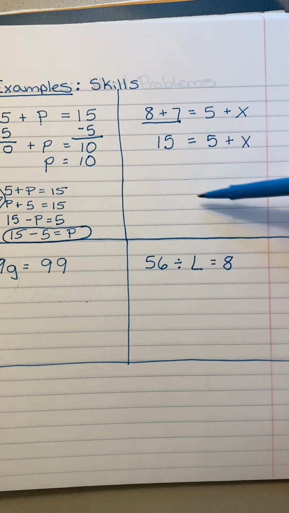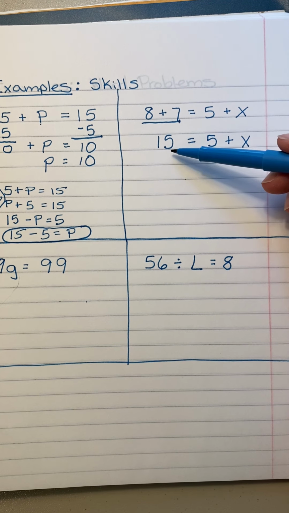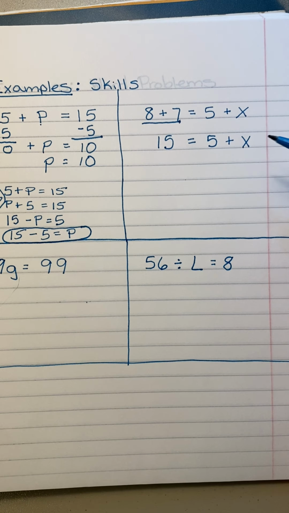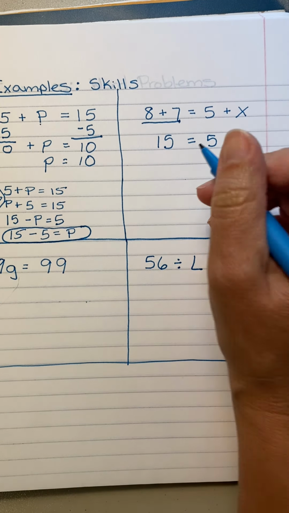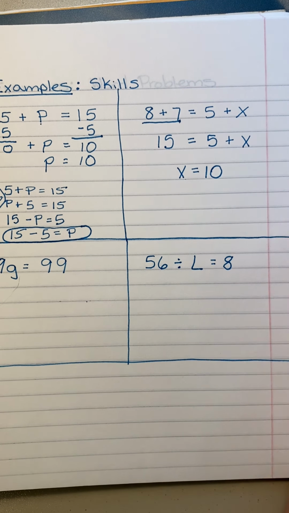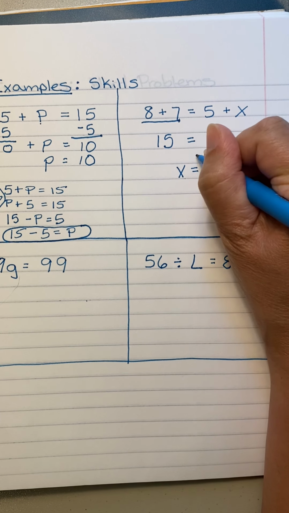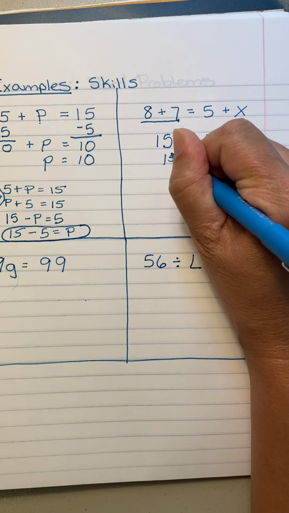So another way that we can isolate the x, or think about solving, would be to say 5 plus what equals 15? Well, 5 plus 10 equals 15. So that means x equals 10 because 10 plus 5 equals 15.